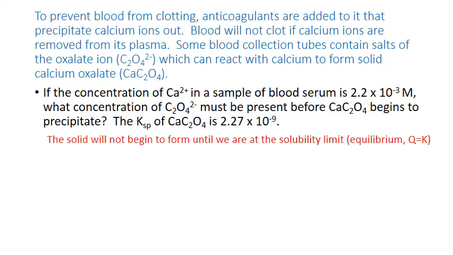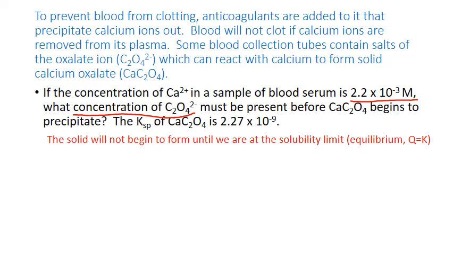So the solid will not begin to form until we are at the solubility limit, or until our Q value equals K at equilibrium. So what we're really trying to solve for here is to figure out what the equilibrium concentration of our oxalate ion will be if our equilibrium concentration of calcium is 2.2 times 10 to the negative 3 moles per liter.